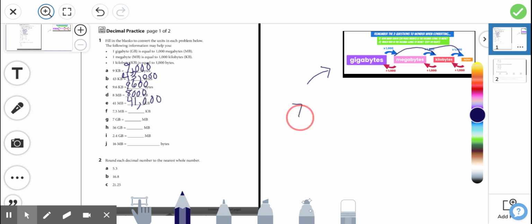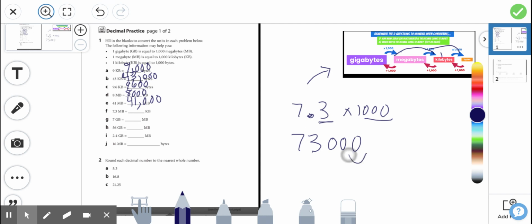F, we have 7.3 megabytes, turning it to kilobytes. Times it by 1,000. How many zeros in 1,000? Shortcut, 1 times 73 is 73, and 3 zeros. We have 1 number behind our decimal point, so we move our decimal point over 1, and that gives us 7,300.